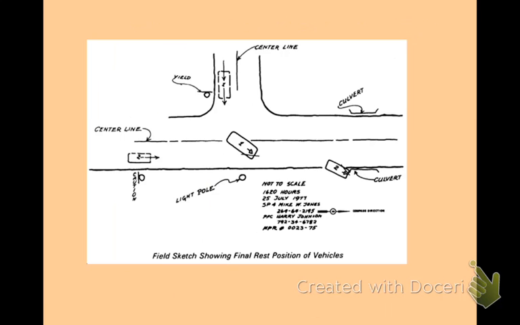Here's a field sketch showing the resting position if we're doing some accident analysis. What you have here in the dotted lines are the pre-impact paths of the vehicles. And then what you have here are the post-impact positions of the vehicles.